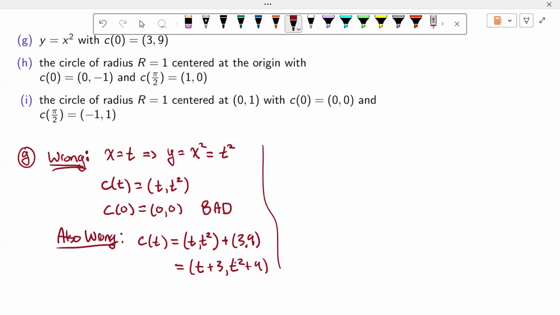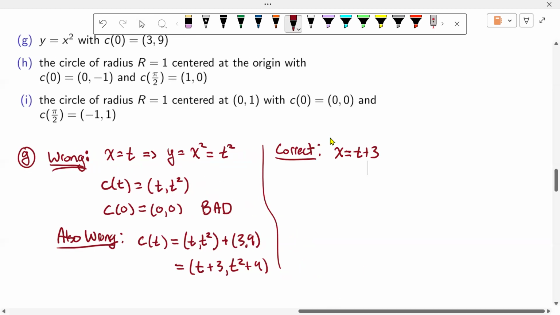All right, this is kind of a dirty trick. Here's what you do. You let x equal t plus 3. Why do you do that? Because if you plug in t equals 0 into here, you'll get 3. That's good. And then what's your y going to be?